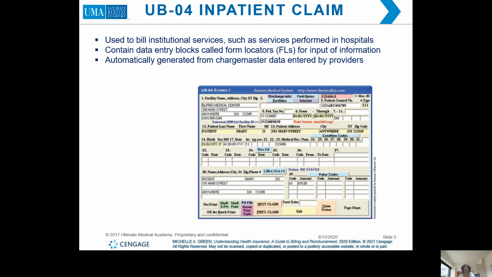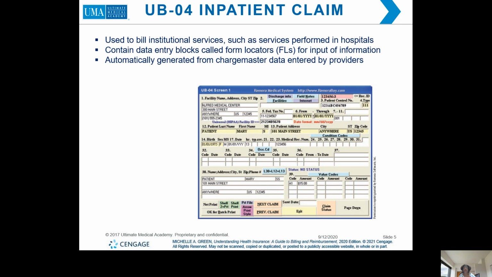Now, the thing about the UB04 is there's data entry blocks, and we call them locators. There's like 81 of these locators on a UB04. Now, not every single one of the 81 locators are filled in for every claim. Okay. And what happens is, remember we talked about the charge master, maybe 3 or 4 or 5 lectures ago.